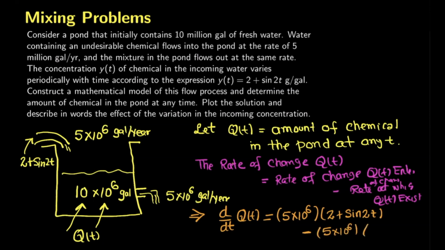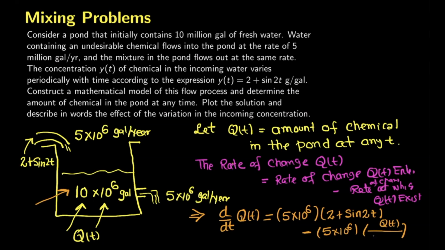But what is the concentration after some time in the pond? Q of t is the amount of chemical present in the pond after some time t, and how much water is in the pond?